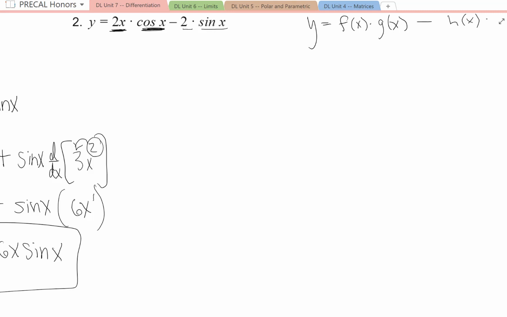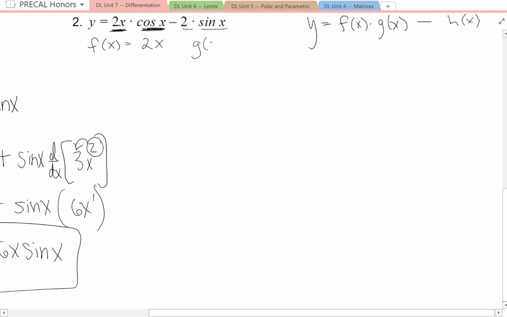But our actual focus will be f of x will be 2x, and g of x will be cosine x, because we are only worried about the product here. We will figure this out.